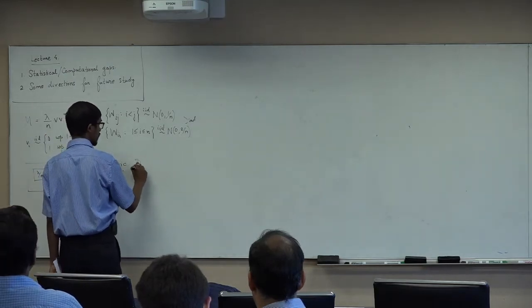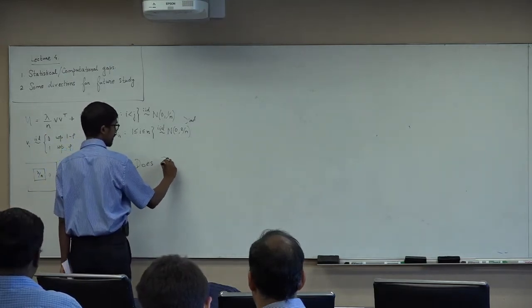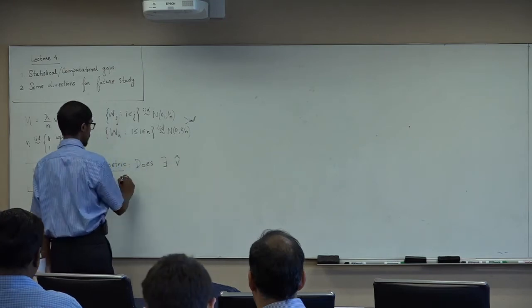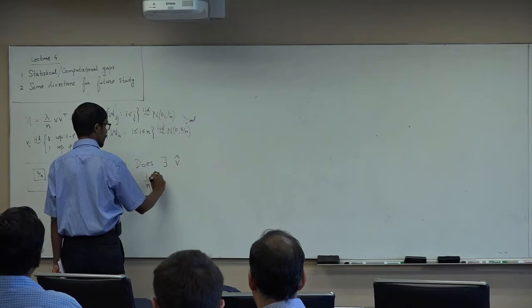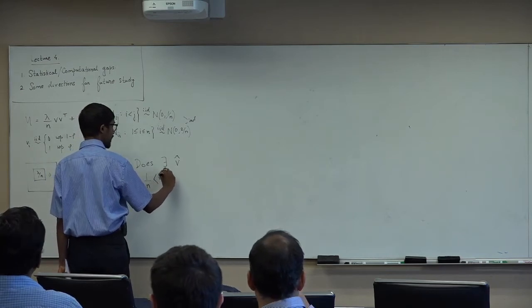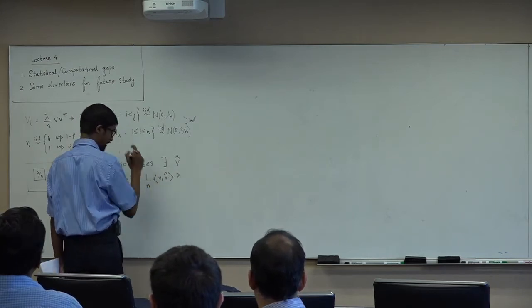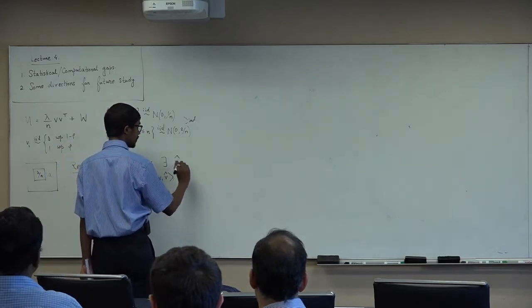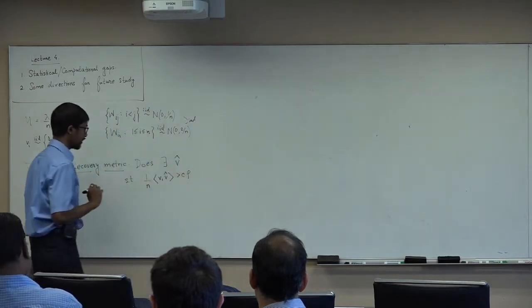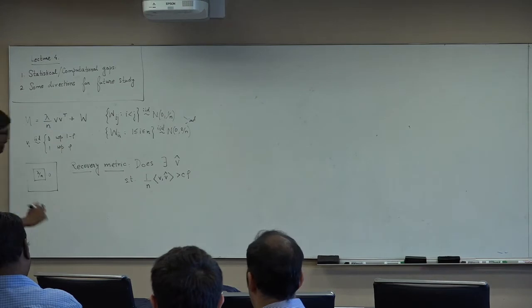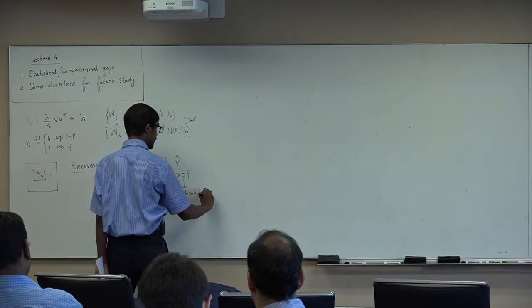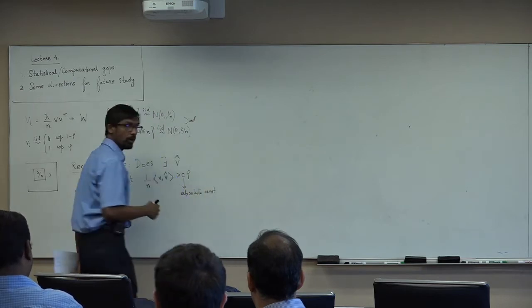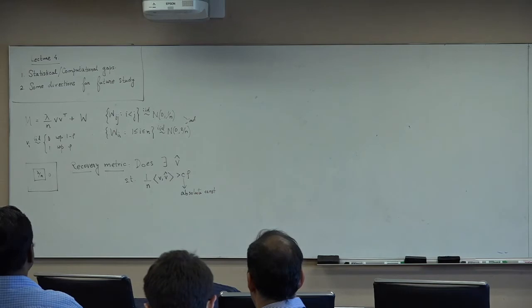So does there exist some estimate v hat such that 1 over n times the inner product of v and v hat is bigger than some little absolute constant C times rho? C is some absolute constant, you know, 0.01, 0.001, something like that.